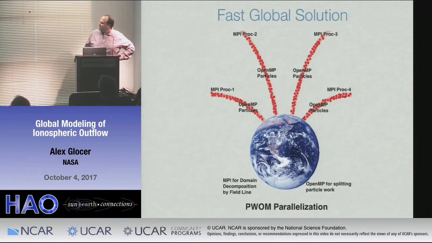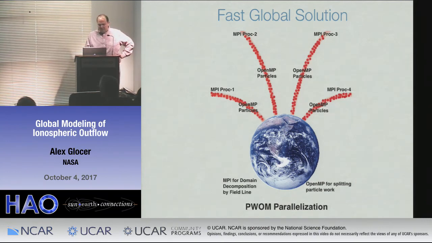Each individual field line is run on a separate processor, using distributed memory parallelization, so each field line goes on a separate MPI process. Within each MPI process, we have a bunch of particles, and we want to speed up all the particle work using shared memory, so we use OpenMP for that. So we have two layers of parallelization going on in order to speed up the code.